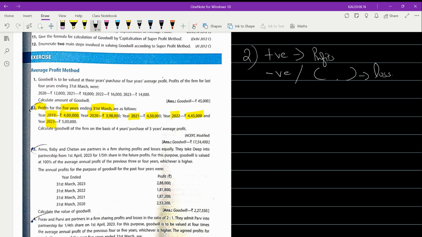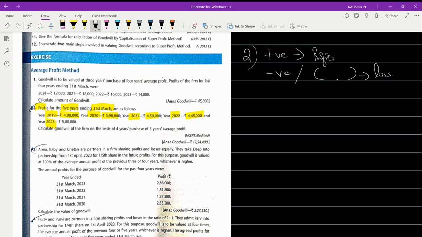Okay, this is how you have to identify. So if you have both profit as well as loss in a particular problem, first you add up all the profit values. From the net value, you subtract the amount of loss, whatever you have in the question. That will give you the average profits.